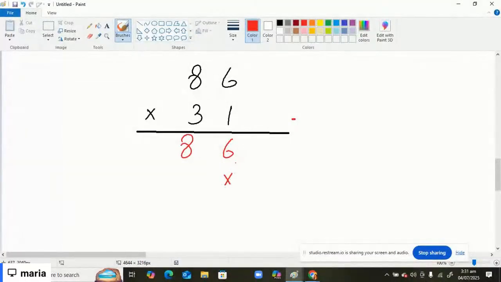Then times 3. 6 times 3 is 18. Which number are you putting down and which number moves up? 8 is put here. 1 moves up as a carry.